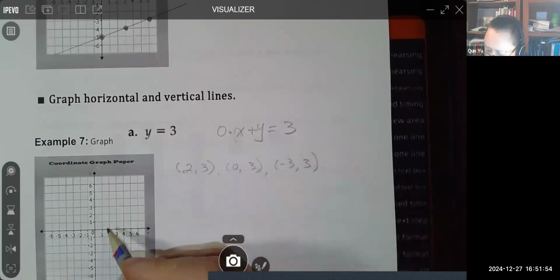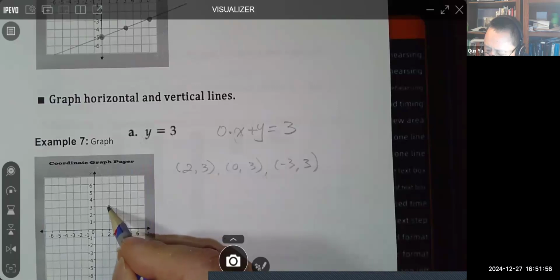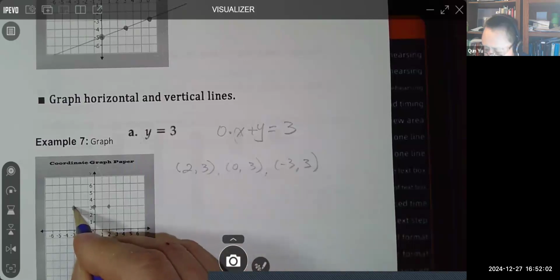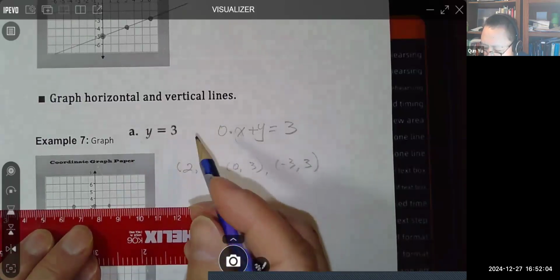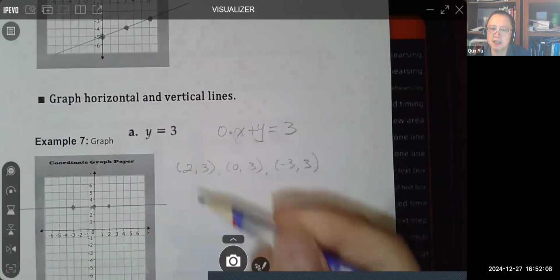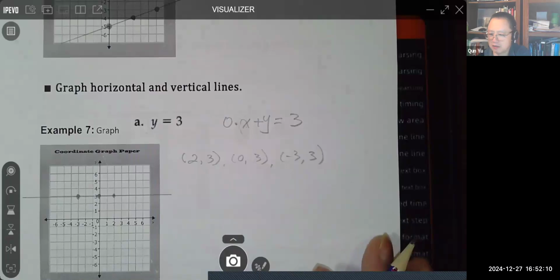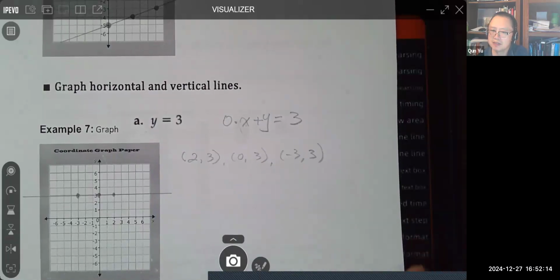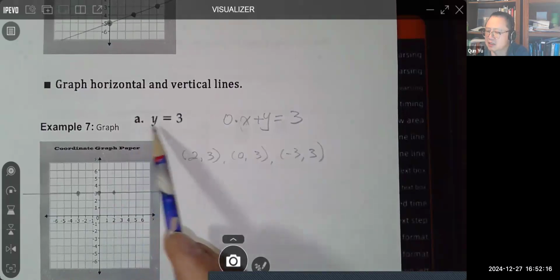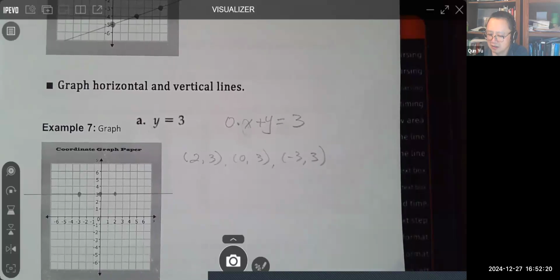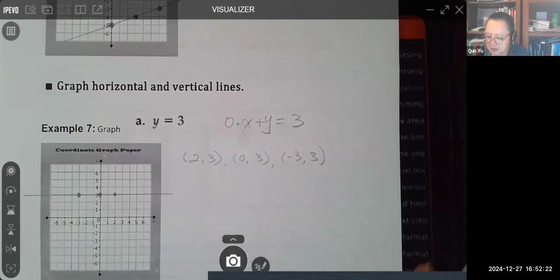We get the horizontal line? Yeah. But understanding it intuitively is way better than just following steps. Y is fixed. You cannot go up and down. You can only go horizontally. That's why we have a horizontal line.